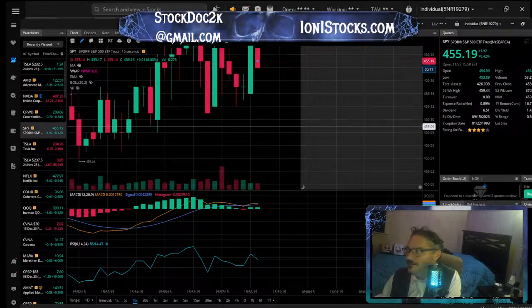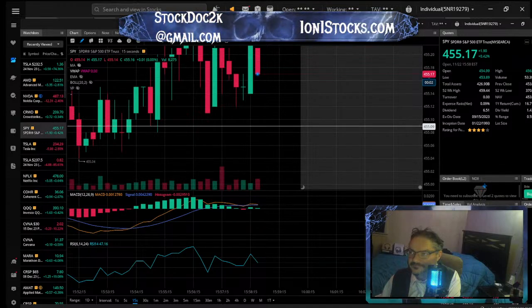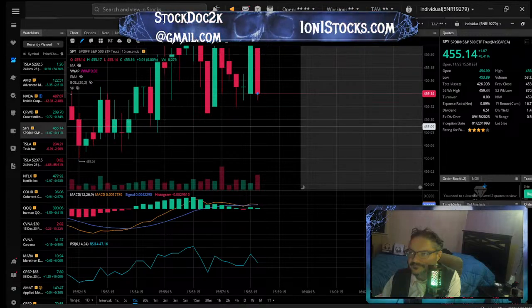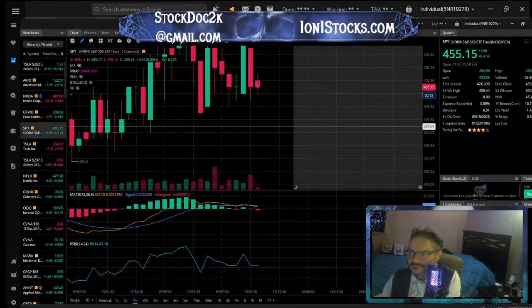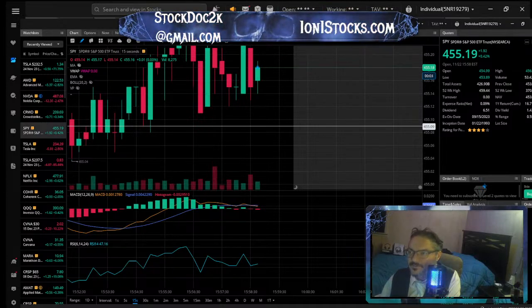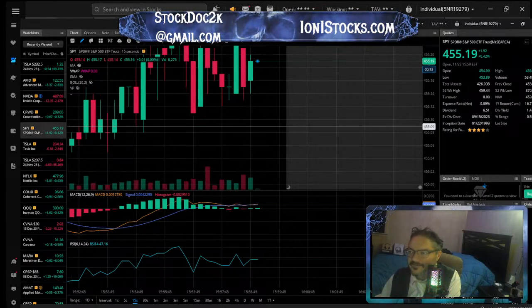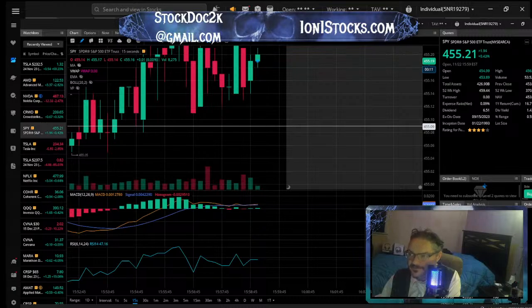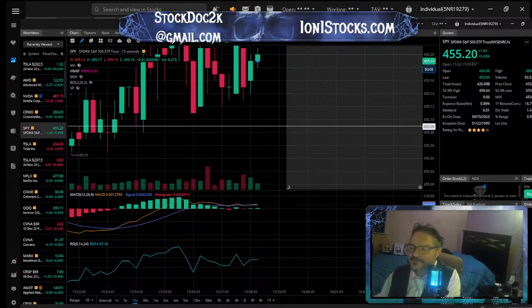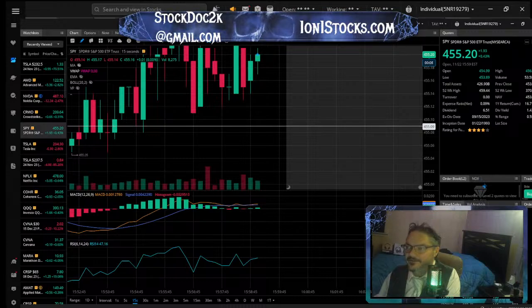Big green begets big red. Coming up on a minute. I feel like there's so much pressure pushing it down, but there's so much active pressure pushing it up. It just stays frozen. And I think at the bell we should see a move, but I'm not going to bank on that.